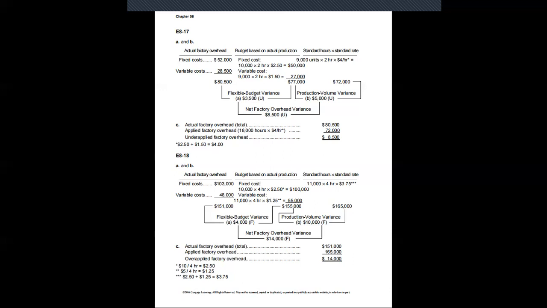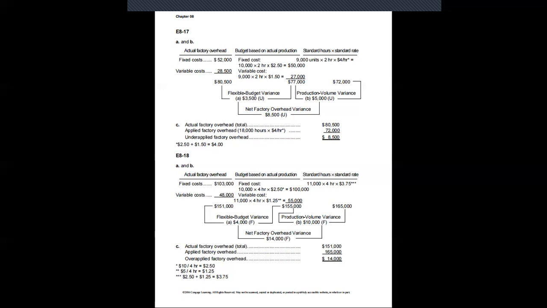So 18,000 hours times the standard rate of 4, you get 72,000. The applied factory overhead is 72,000, so the difference is 8,500. That's under applied because the actual exceeds the applied, meaning under applied or unfavorable.